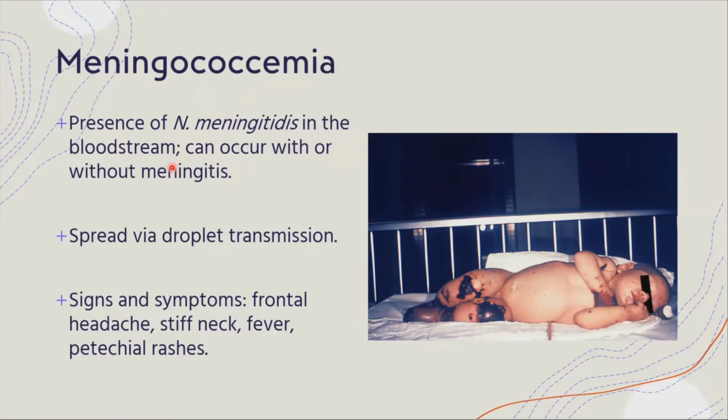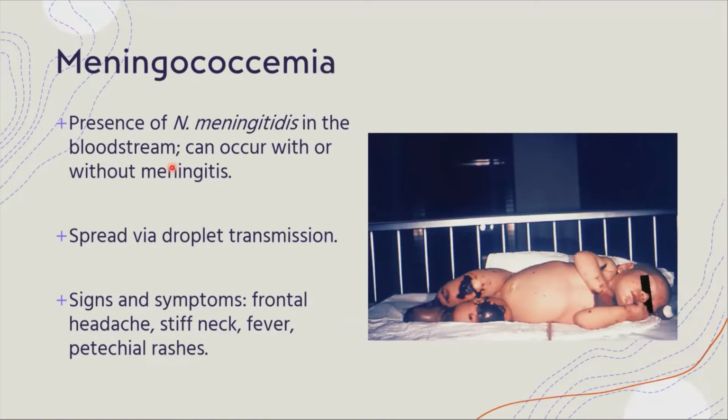Meningococcemia is spread via droplet transmission and it's very contagious. It's very transmissible, no? Kaya yung mga suspected natin na patients with meningococcemia, they are immediately isolated kasi pwede silang makahawa agad.